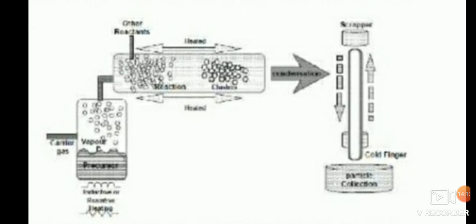Adjusting the residence time of the precursor molecules is done by changing the gas flow rate and the pressure difference between the precursor delivery system and the main chamber. The temperature of the hot wall reactor results in the fertile production of nano-sized particles of metals and ceramics instead of thin films in CVD processing.